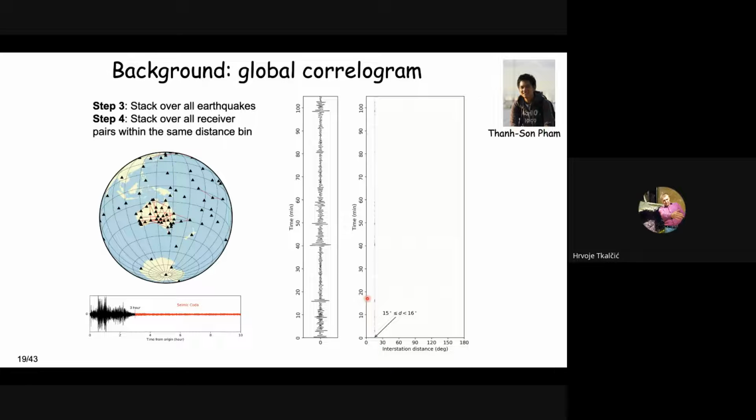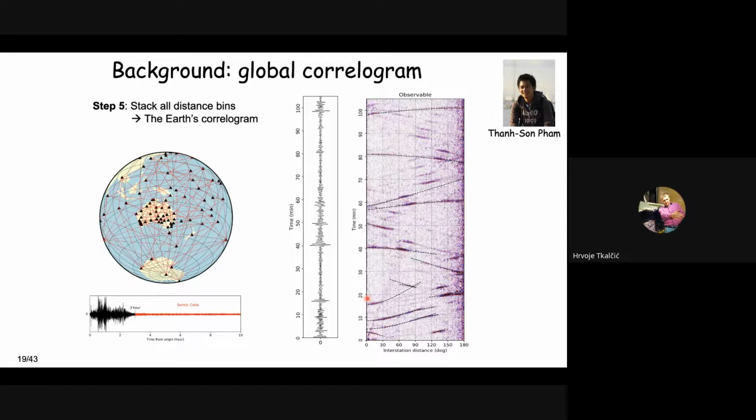Of course, you already guessed the next step, and this is now to identify all possible combinations of station pairs in every single distance bin to populate this 2D global correlogram. When you find all possible combinations, stack them together, and filter between 15 and 50 seconds, you obtain the global correlogram shown here on the right.